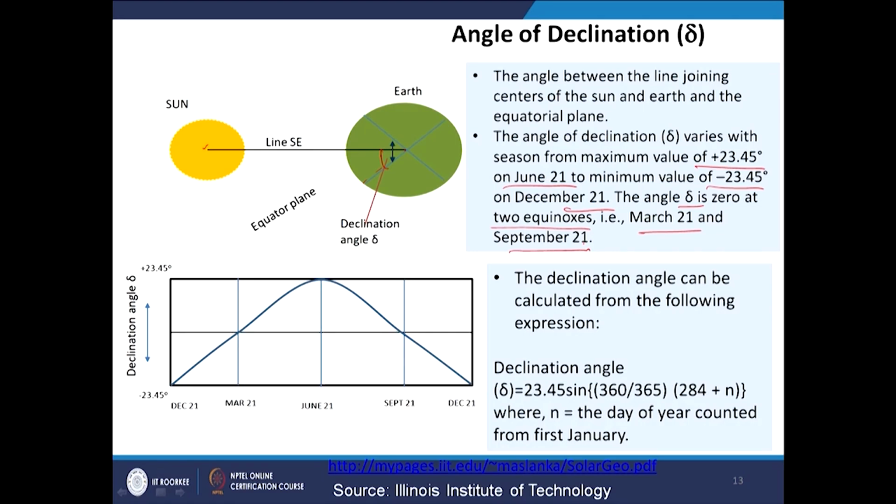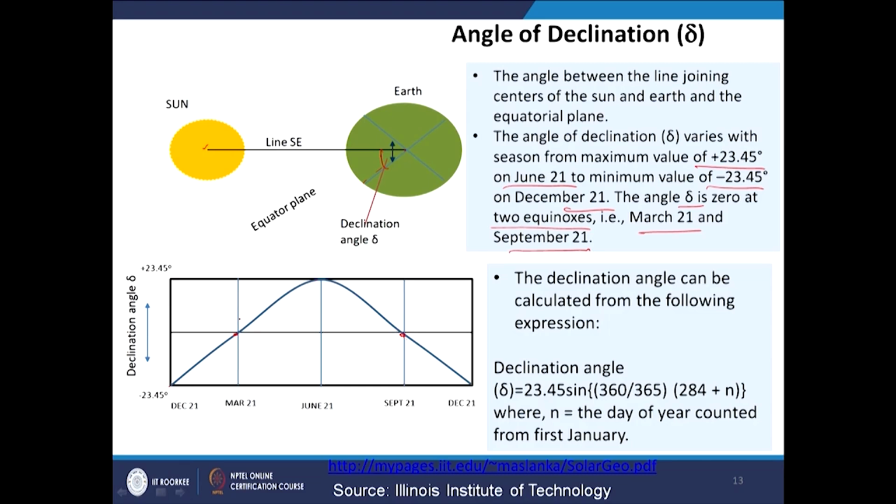So, this is 21st December and here we get 21st June, and these are our 0 values, the 2 equinoxes.